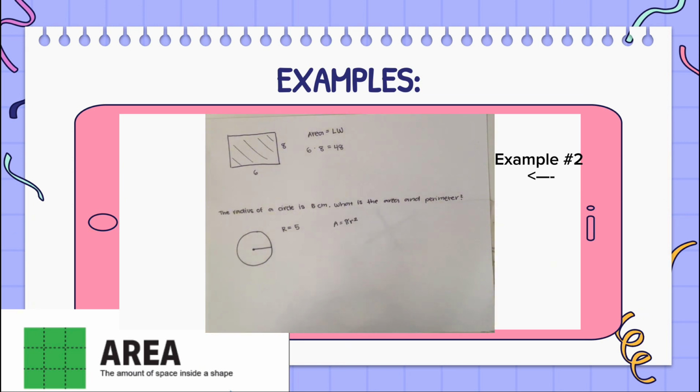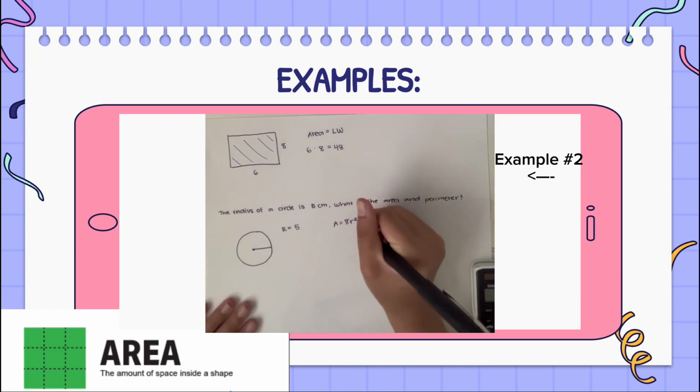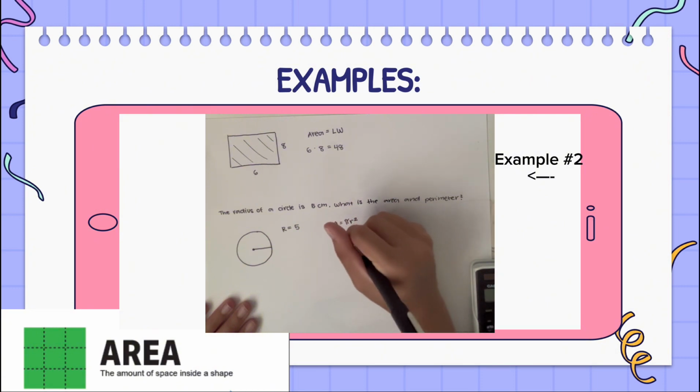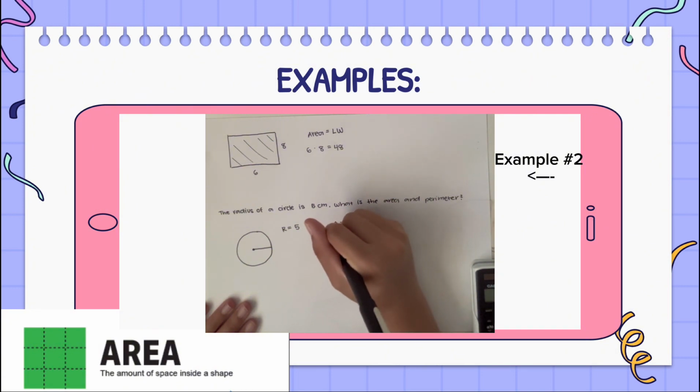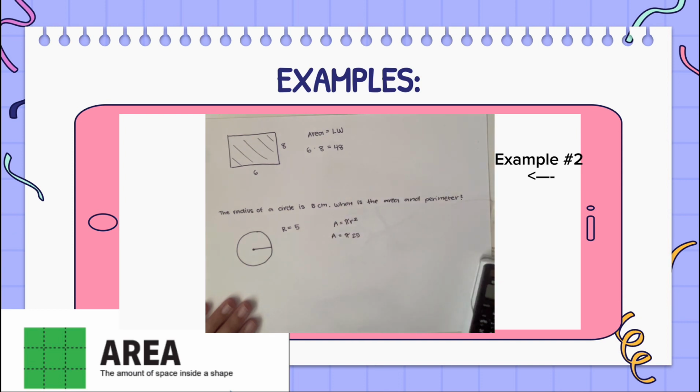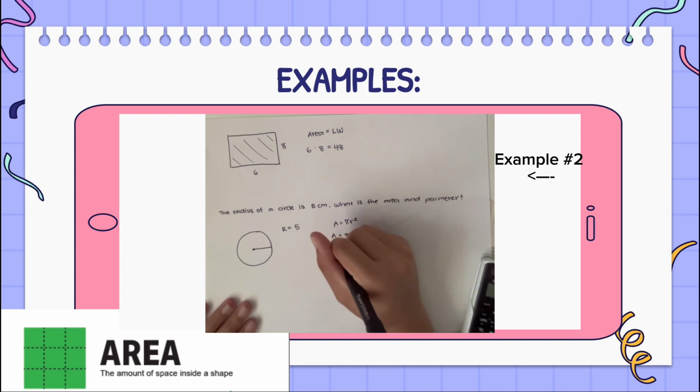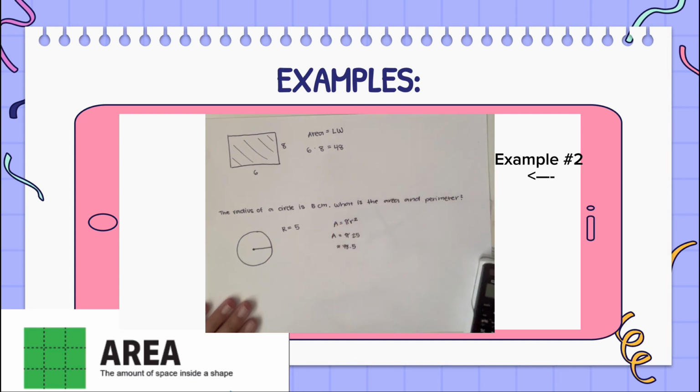I'll get my calculator. So 25 times pi equals the area. When we multiply 25 by pi, we get roughly 78.5, and that is the area.